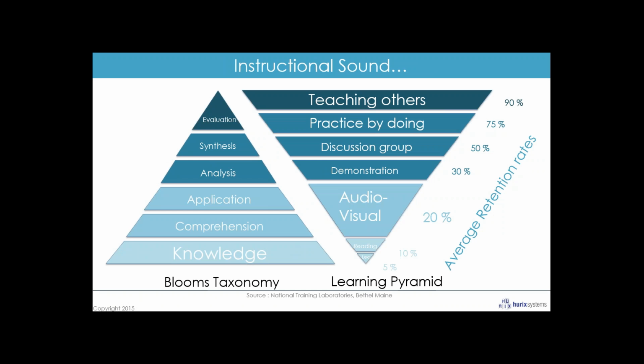I'm relating it to the instructional side of things. Every one of you coming from the L&D domain would know these two pyramids. On my left-hand side, you have Bloom's taxonomy, and on my right-hand side, you have the learning pyramid. Bloom's taxonomy is a flow of learning, and the learning pyramid helps us understand what kind of activity leads to what kind of learning rates.